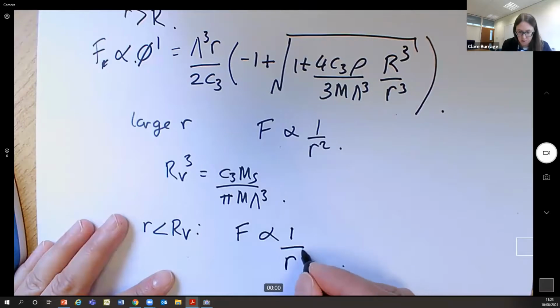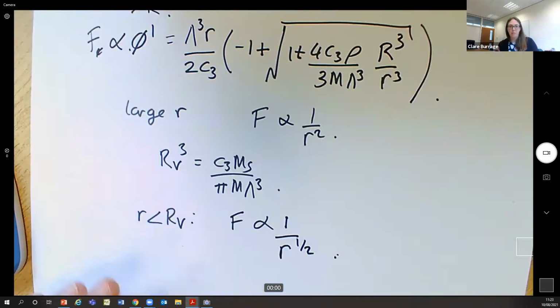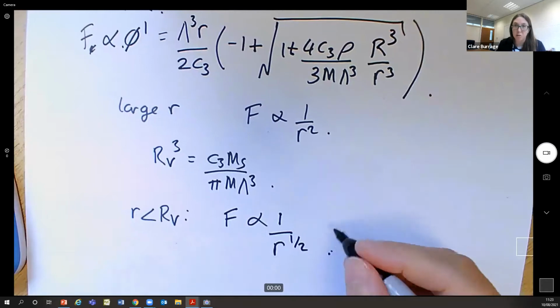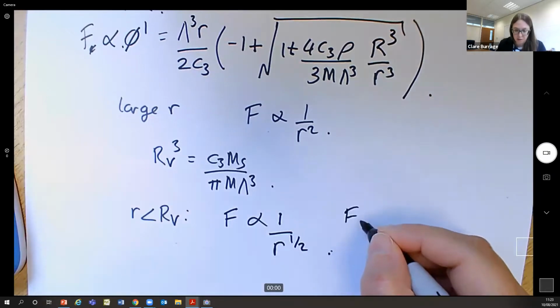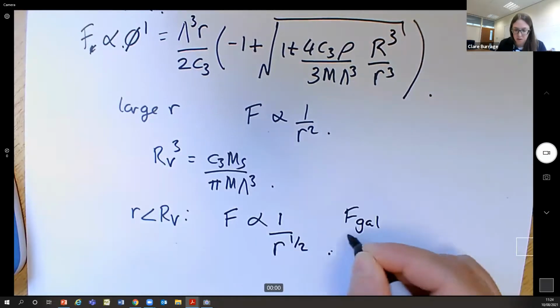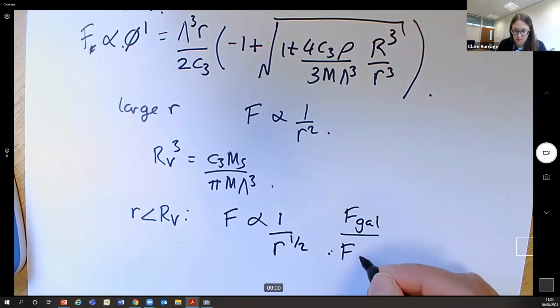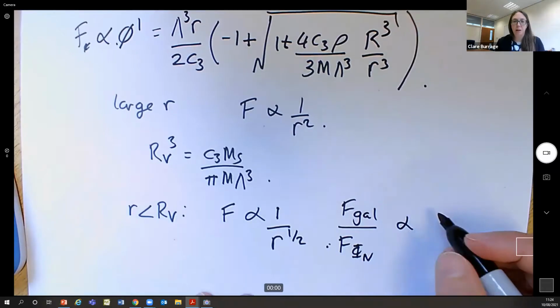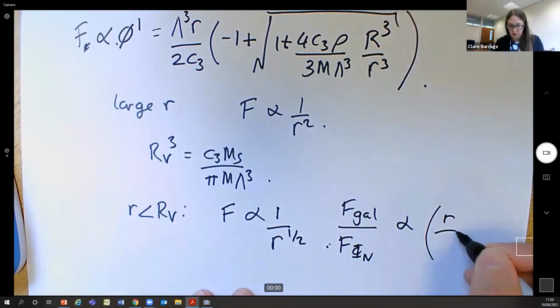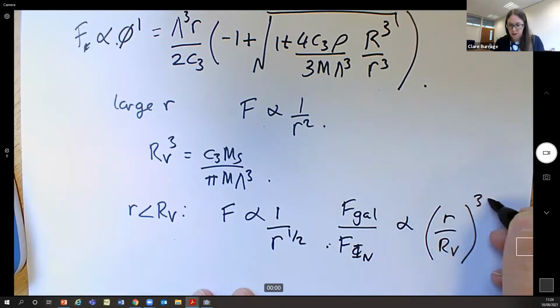Okay. And in fact, the ratio of our Galileon force to gravity will go like r over r_V to the 3/2.